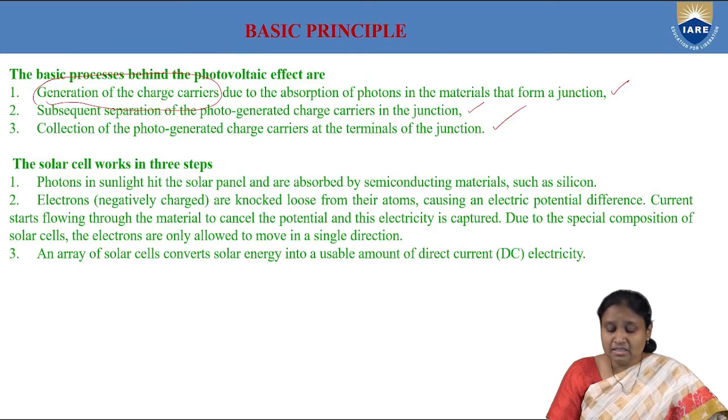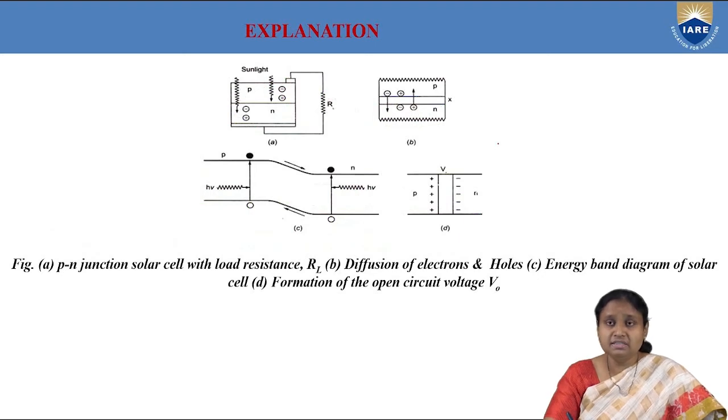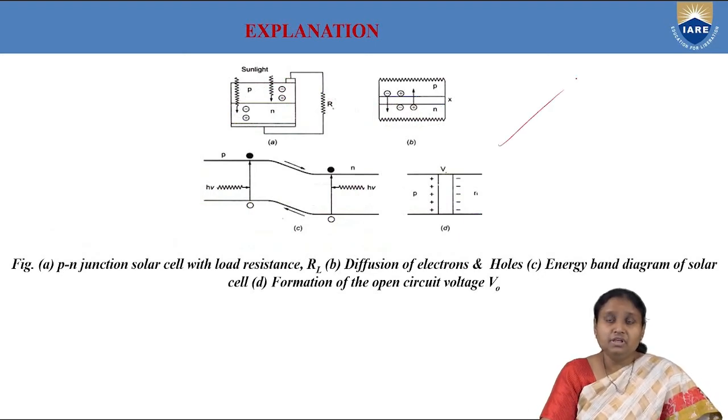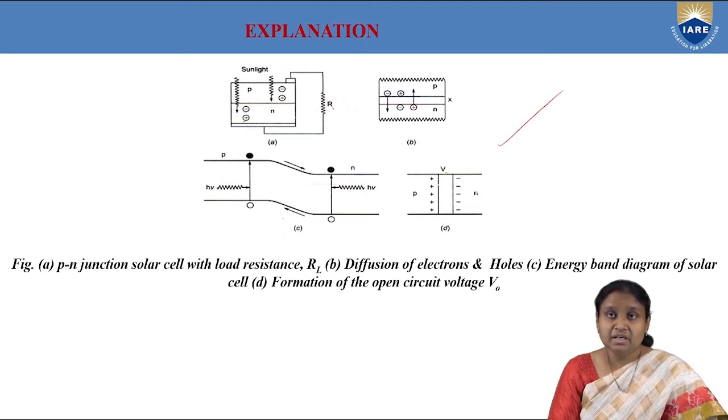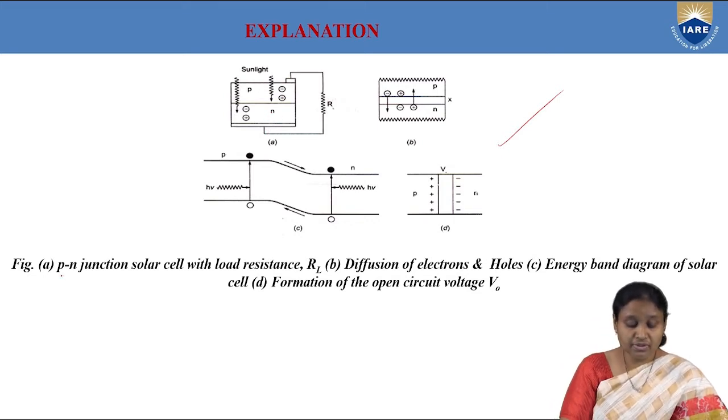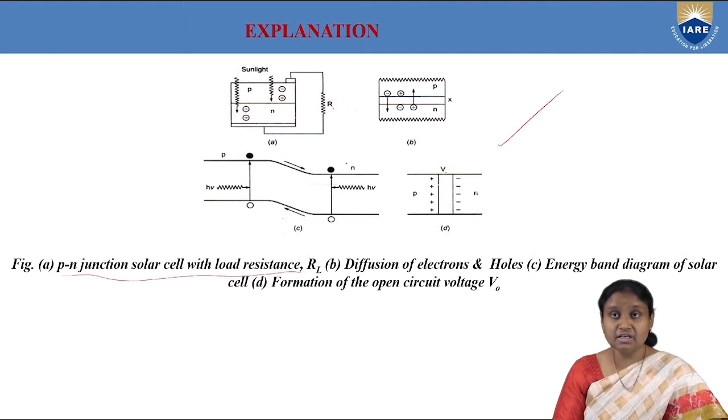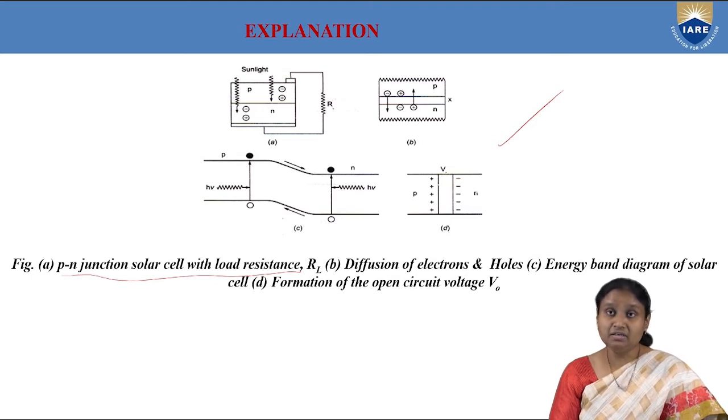We can understand this by looking at this figure. This is our solar cell, with p-type and n-type, and there is penetration of sunlight. In order to make current flow in this PN junction solar cell, we connect a load resistor. The role of this load resistor is to help us collect the current which is generated in this solar cell.